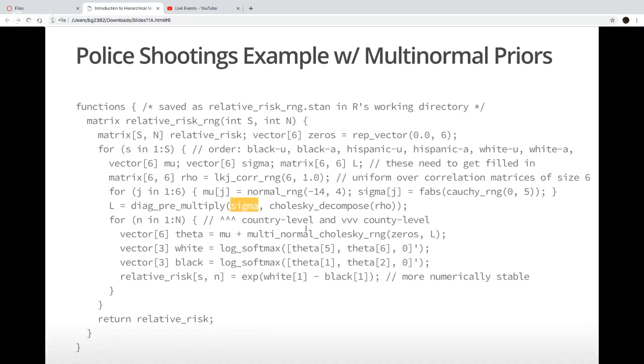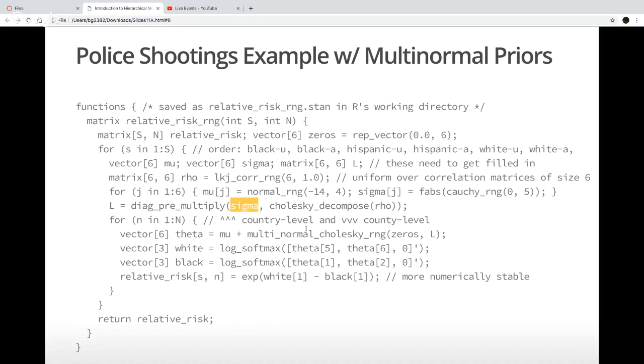But you can use the multi_normal_cholesky RNG function to handle the internal details about that. Okay, for this county, we now have 6 intercepts. So the paper did that weird thing with 6 binomials, but it would have made sense to do 2 trinomials instead of 6 binomials. So that's what we'll do there.